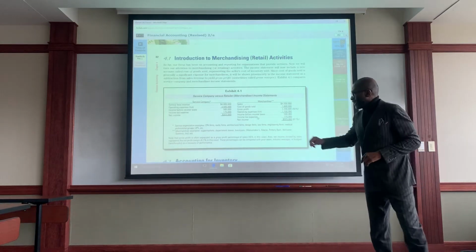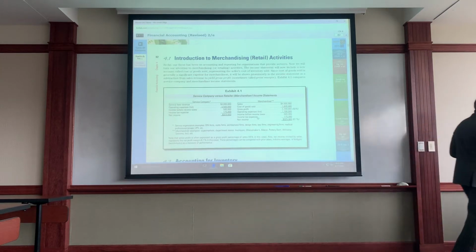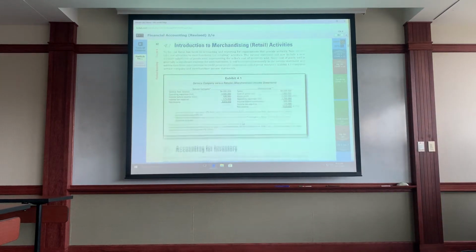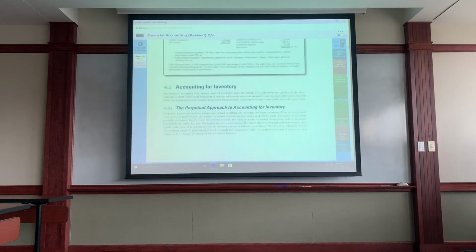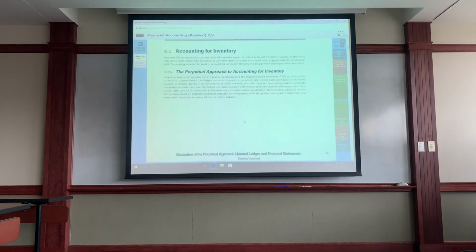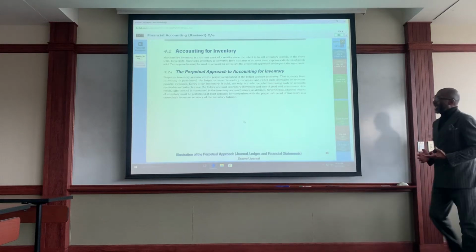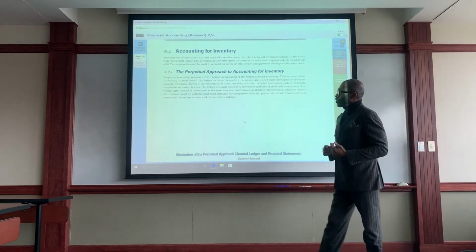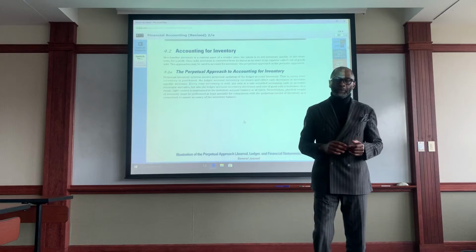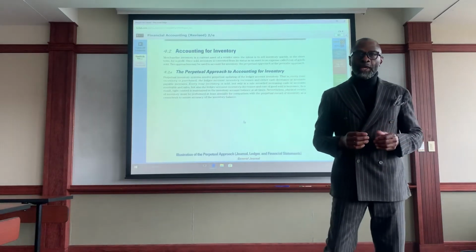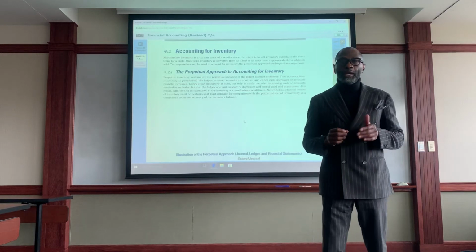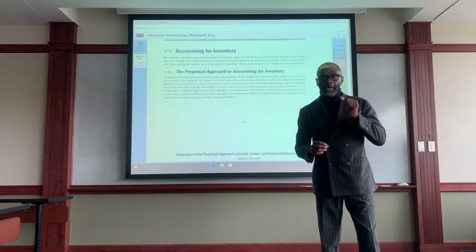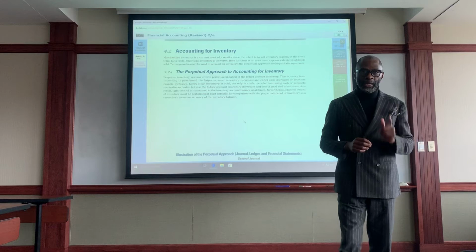All right, now we're going to get into the accounting for that inventory, because the bulk of this chapter deals with the accounting for that inventory. And in accounting for that inventory, there are two methods that we're going to talk about. One method is called the perpetual method of valuing the inventory. The other one is called the periodic method of valuing the inventory.